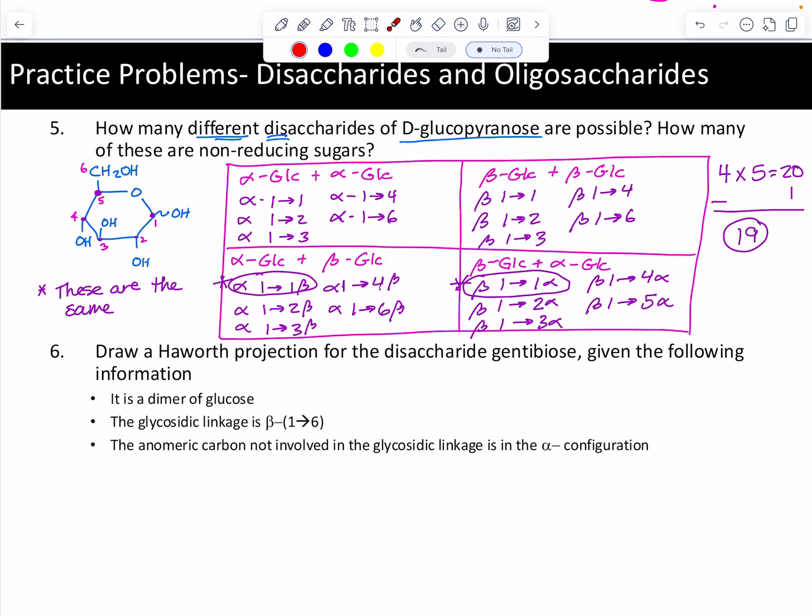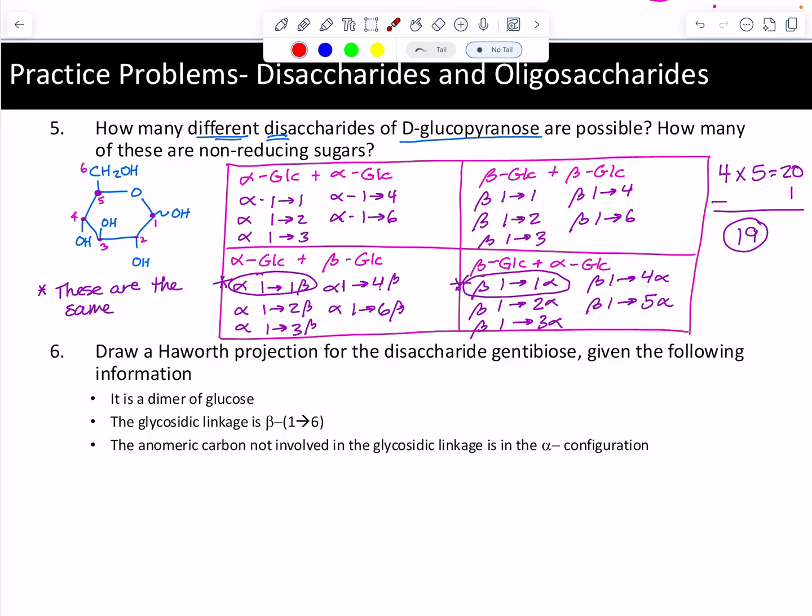Now, for the mixed dimers, I've designated the chirality of the second unit when enumerating them, because that reveals that there is one duplicate. If you have an alpha 1 to 1 and the second one is a beta, versus the beta 1 and the second one in an alpha, these two are actually the same molecule.